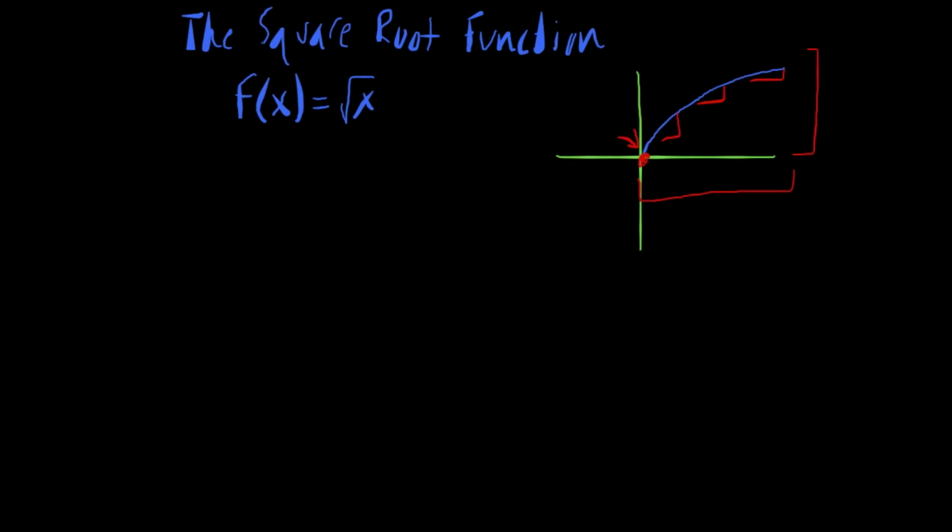The function is bounded below because, like I said before, it can never be negative. The end behavior of this function is that as x approaches infinity, y also approaches infinity, even though it is increasing at a very slow rate. The limit as x approaches negative infinity does not exist. That is the square root function.